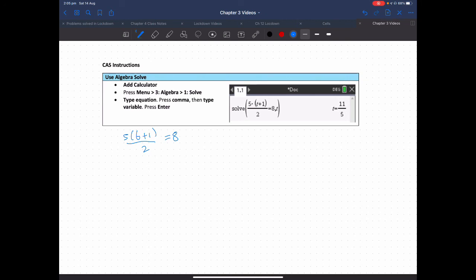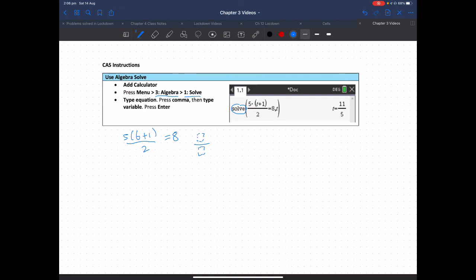With our calculator, we go to our calculator screen, menu, select algebra, and then solve. We then type in the equation. So the first thing I would have to do is put in the fraction, like that.